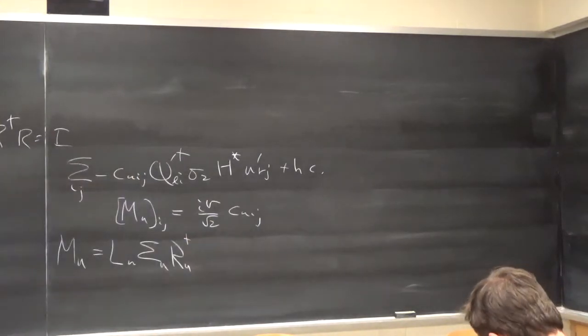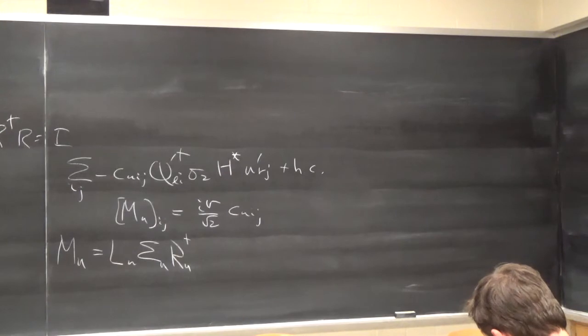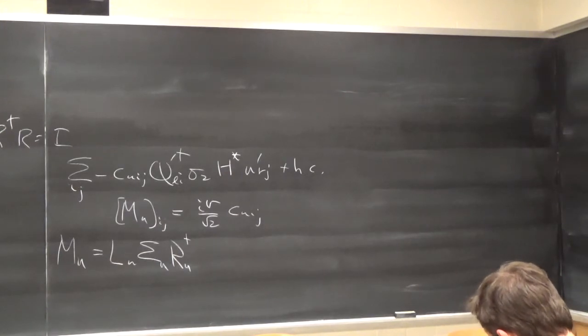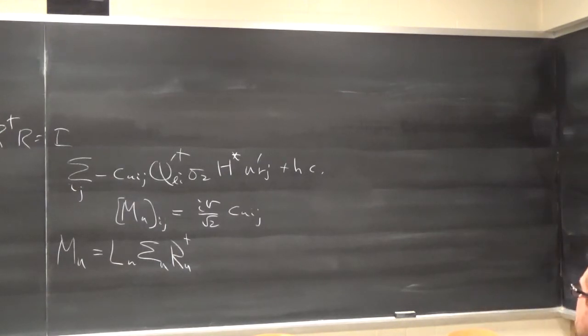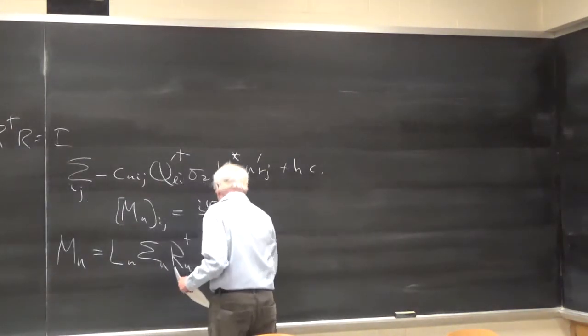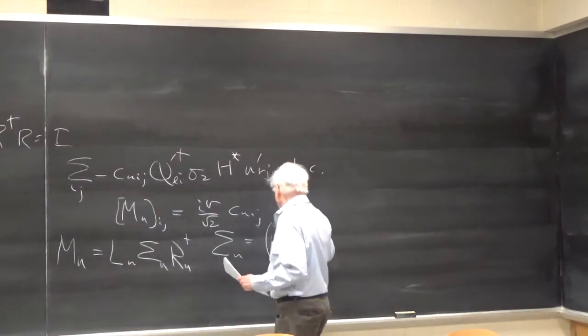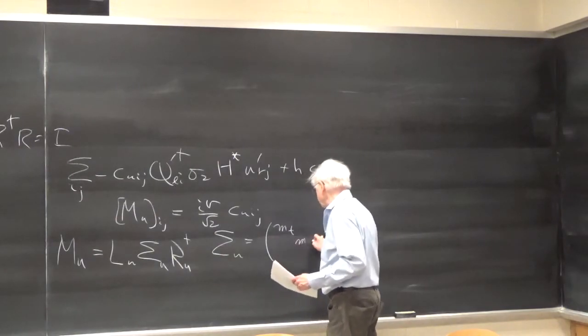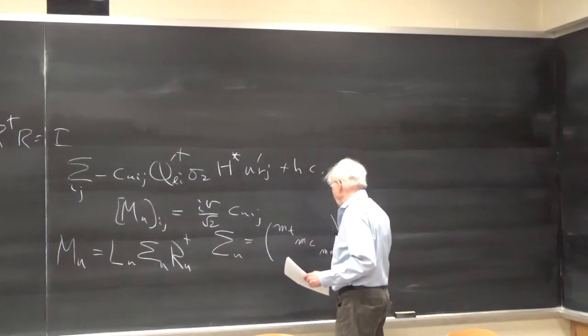Up just means it's shorthand for up, charm, or top. So that's a singular value decomposition of the up quark mass matrix. And sigma up then is top mass, charm mass, and up mass.